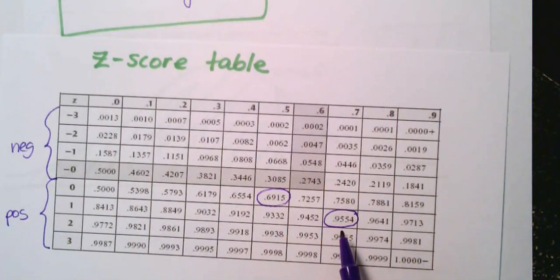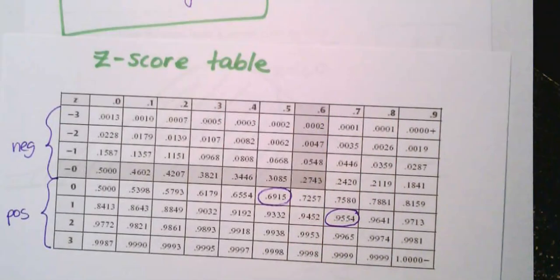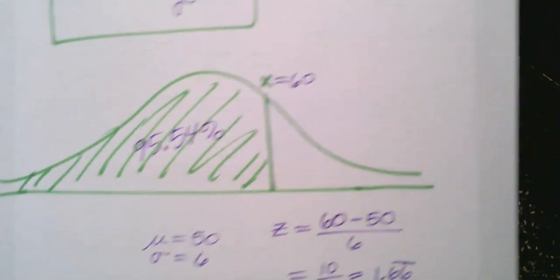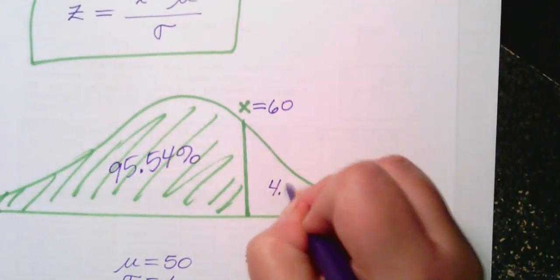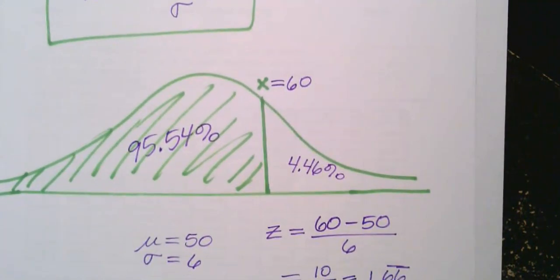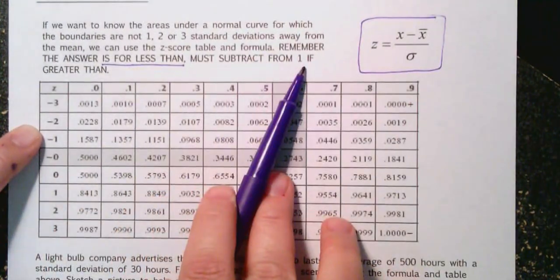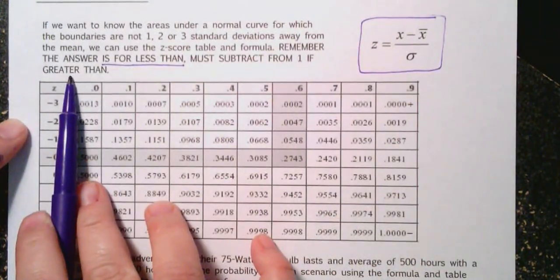So 1 minus 0.9554, let me grab my calculator. Gives me 0.0446, or 4.46% of the data is over here to the right of it. So that's what's meant when it says we must subtract from 1 if we're doing greater than.